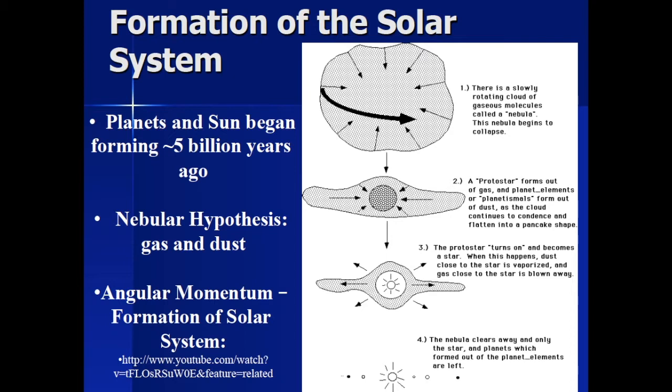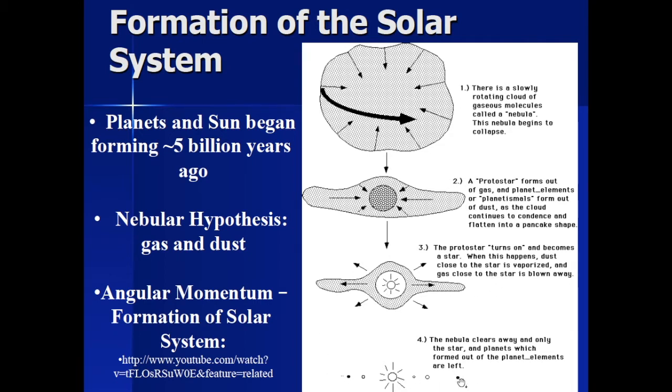So an extrasolar planet is just a planet or a planetary system, a solar system, going around another star. Because remember, our sun is just a star. So the same basic theory applies: we think that these extrasolar planets formed from a gas cloud condensing and rotating, flattening into a disk, that central star being born, and the disk of gas and dust surrounding it is what formed the planets.